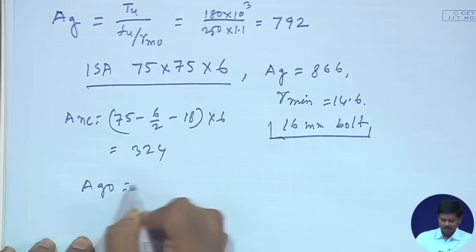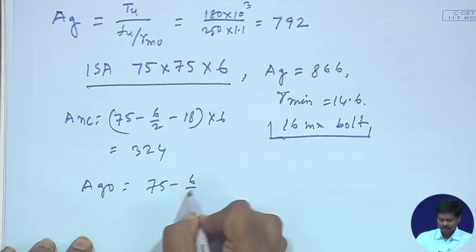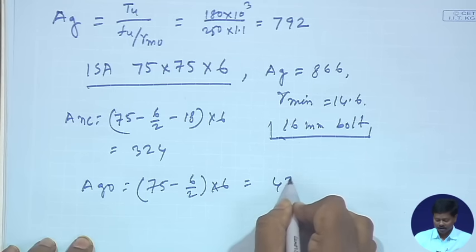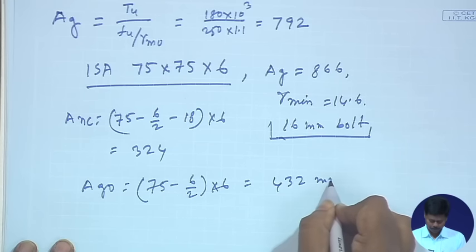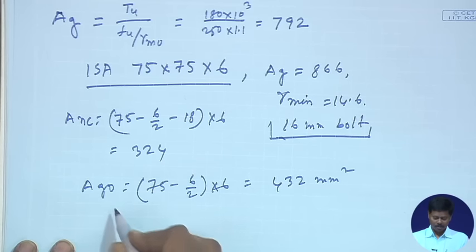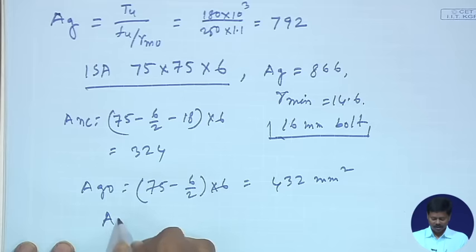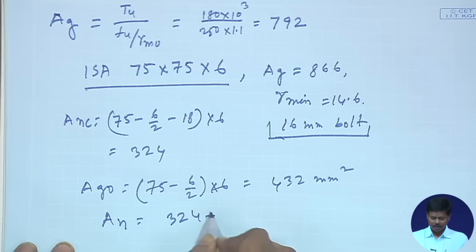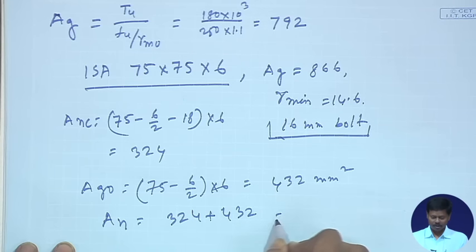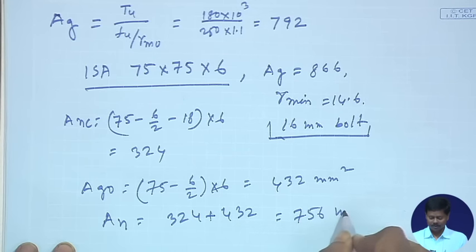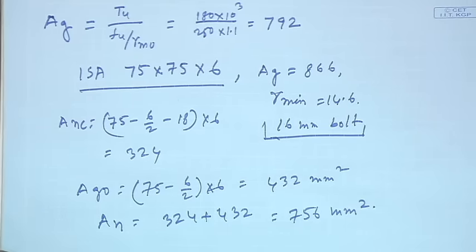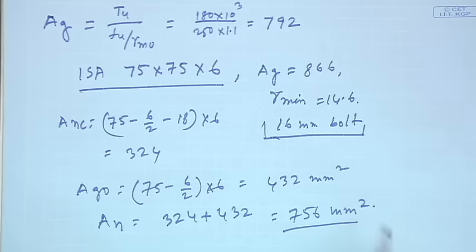Similarly, Ago value I get (75 minus 6 by 2) into 6 is equal to 432 millimeter square. Therefore, net area An I can find out: 324 plus 432, that is 756 millimeter square. So, net area of the member is coming 756 millimeter square.